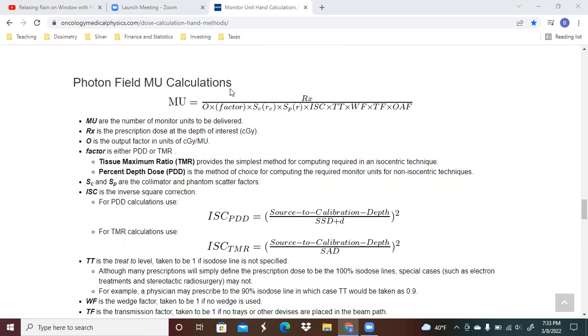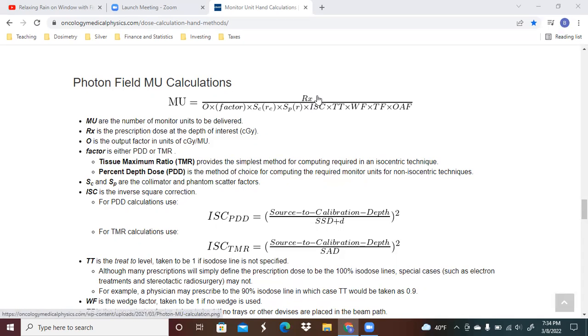So for photon field MU calculations, here is your overall equation. You can see all of the factors that are enumerated here, and you can see how this works. You've got the prescription dose at whatever your depth of interest happens to be. In other words, you want to deliver, say, 200 centigray to a certain spot in the body.